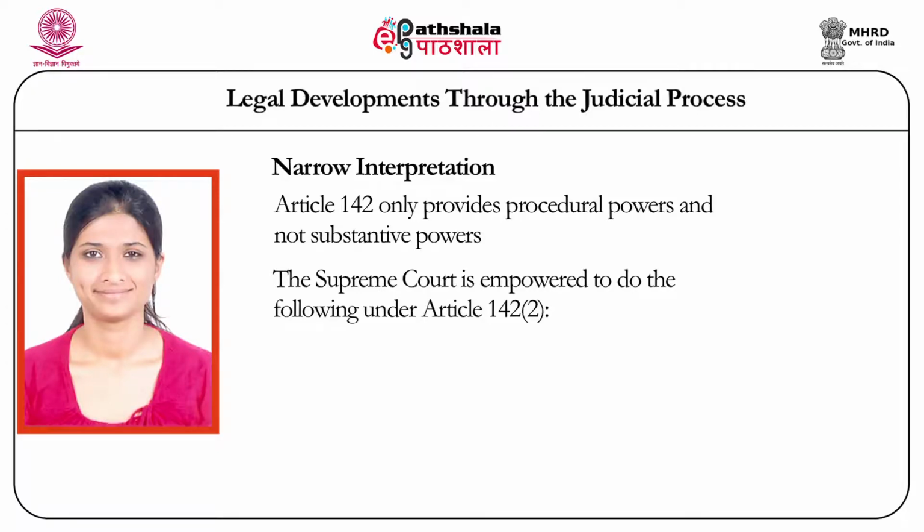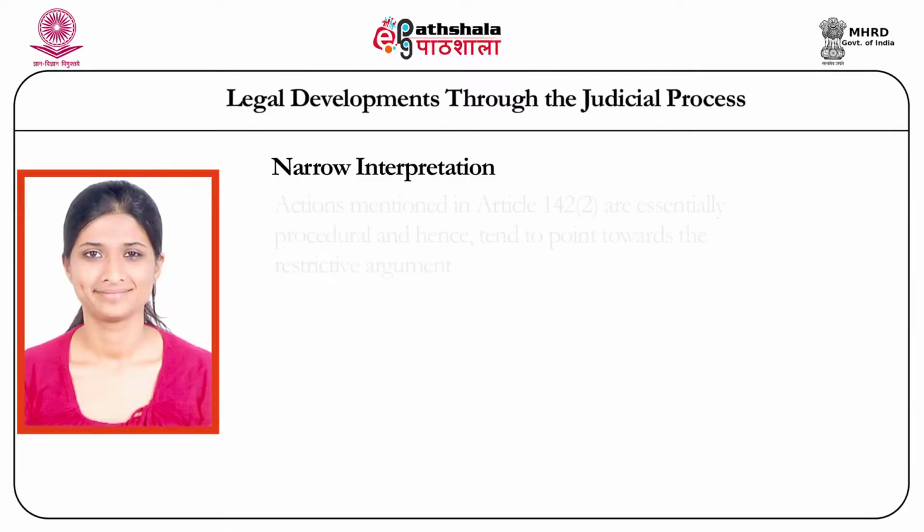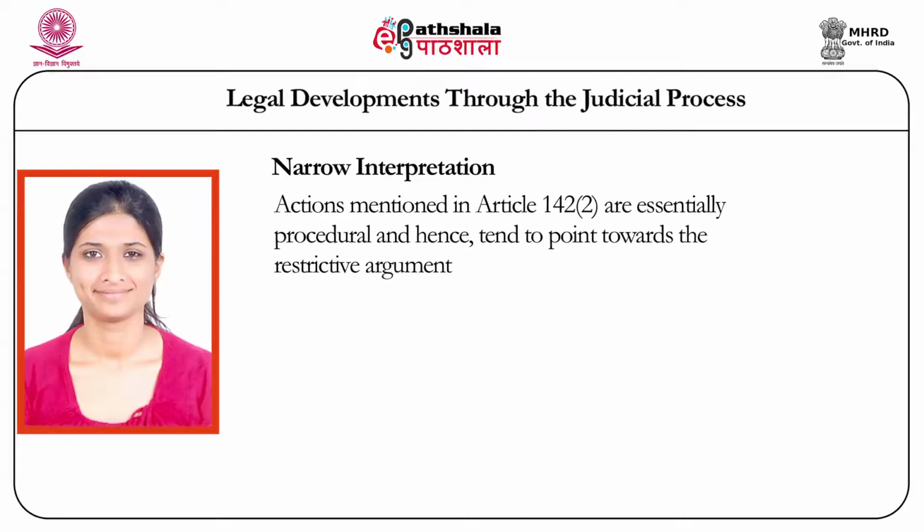First, secure the attendance of persons before it, call for discovery and production of documents, and investigate and punish for contempt itself. Thus, as you can see, the actions mentioned in Article 142, subclause 2 are essentially procedural and hence tend to point towards the restrictive argument.